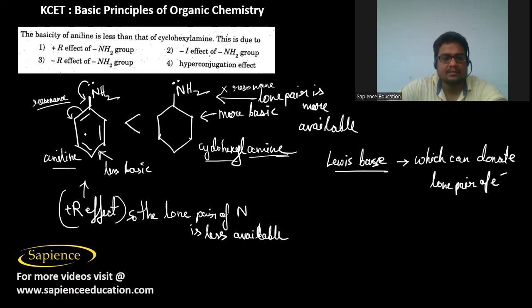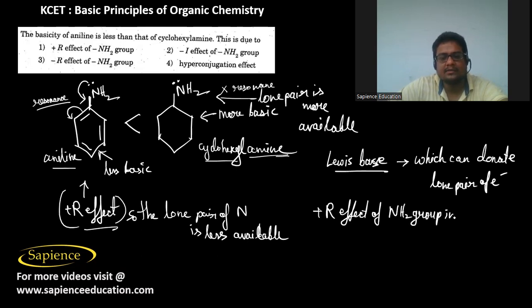In the case of aniline, it can't easily give this lone pair to other compounds. So simply the reason is the plus R effect of the NH2 group in aniline, and in cyclohexylamine there is no plus R effect. So option 1 is the correct answer.